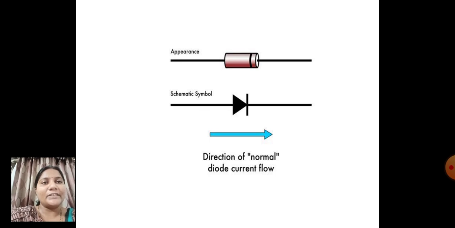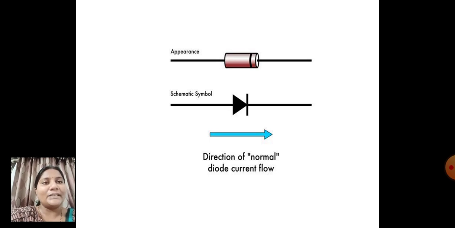First terminal, left side terminal is the positive terminal and right side is the negative terminal. How can I say positive and negative? Because in the right side I am having a straight line in the body of PN junction diode. The straight line side is always a negative terminal and the other side is always a positive terminal.